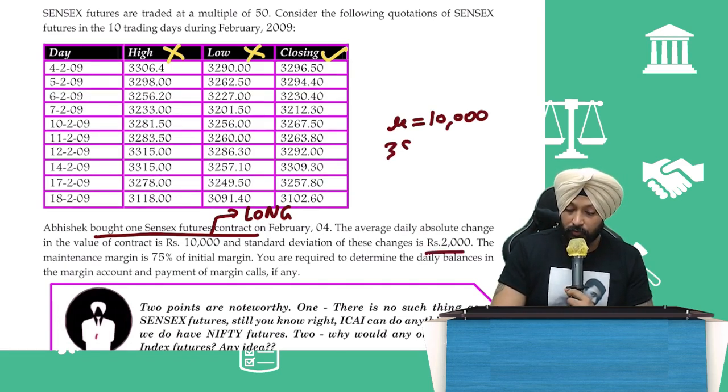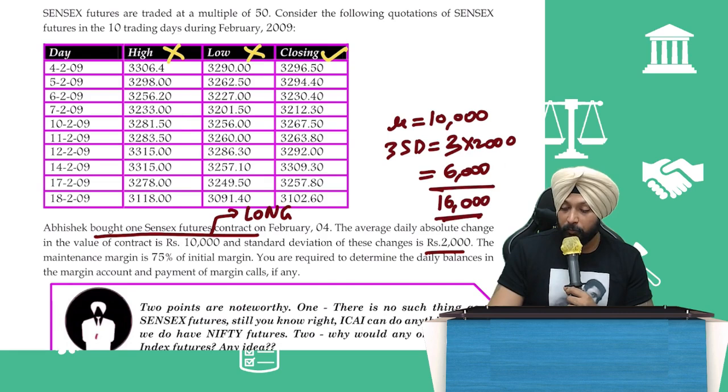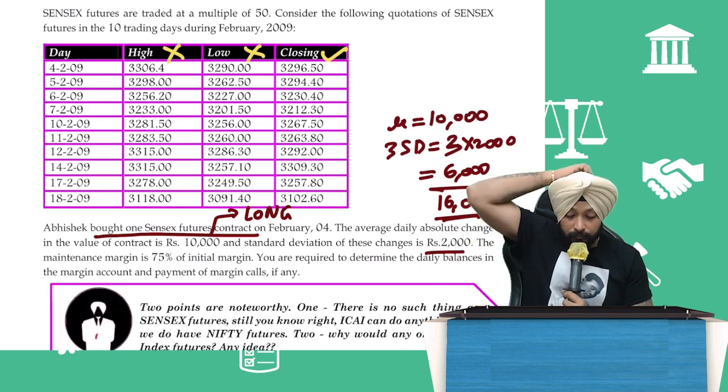So we take 3 times the standard deviation, which is 3 into 2,000, which is 6,000. So you understand that the initial margin needed would be 16,000, right? Mu plus 3 times the standard deviation. The maintenance margin is 75% of the initial margin, which is 12,000 rupees. You are required to determine the daily balances in the margin account and payment of margin calls, if any.